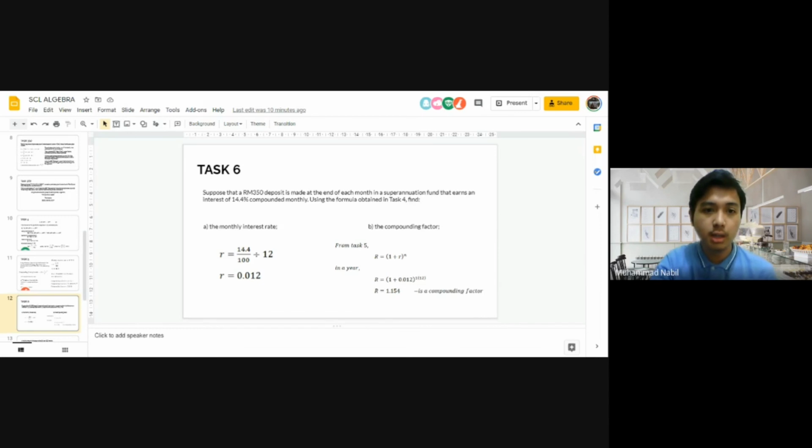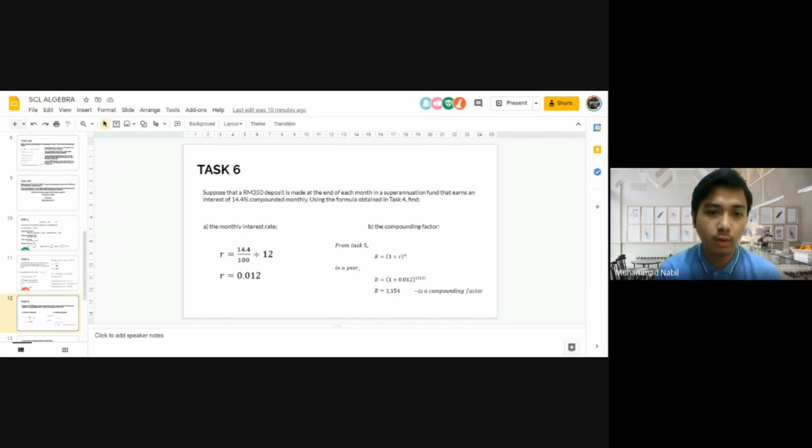The question is, suppose that a 350 deposit is made at the end of each month in a superannuation fund that earns an interest of 40.4% compounded monthly. Using the formula obtained in task 4, find A, the monthly interest rate. As given, 40.4% is the percentage interest of compound.